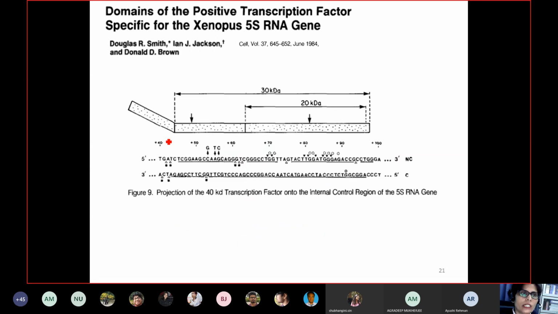So what you see in the end is the location of the cyanogen bromide cleavage sites. From the 20 kilodalton fragment, you have one cleavage exactly at this position, and from the 30 kilodalton fragment, you have cleavage at two positions, one at this position and one at this position. And then from this whole experiment, they were able to say that the fragments are projected onto the 5S DNA, and according to footprinting, they were also able to bind to these RNA sequences.